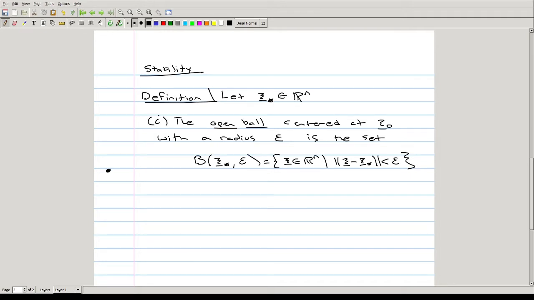So if xi star is a point right here in n-dimensional space, we can draw a ball of radius epsilon around xi star, where the distance between xi star and any point in this ball is going to be less than epsilon.